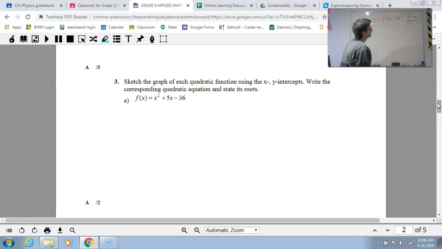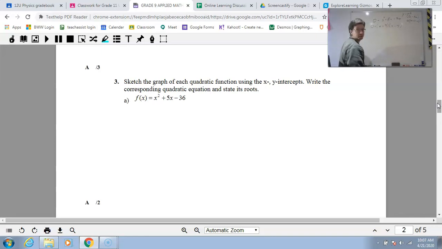You can look at 9 and 4. Those seem to work. So here we have x. If we add 9 and subtract 4, does that work? Well, 9 times negative 4 is negative 36. Positive 9 minus 4 is positive 5.